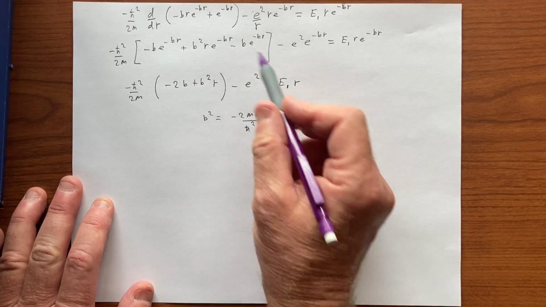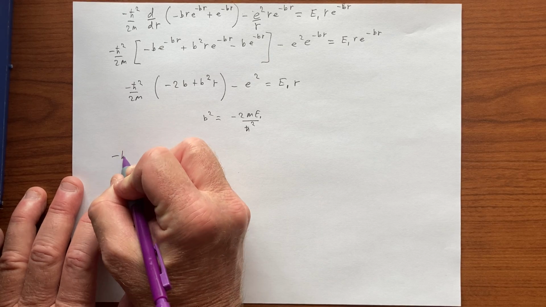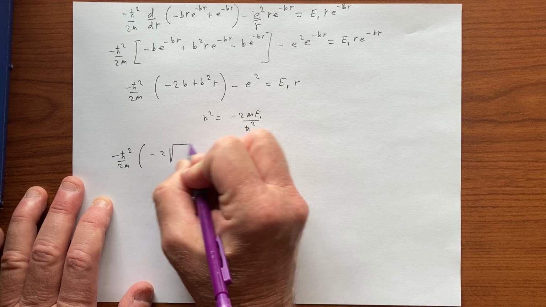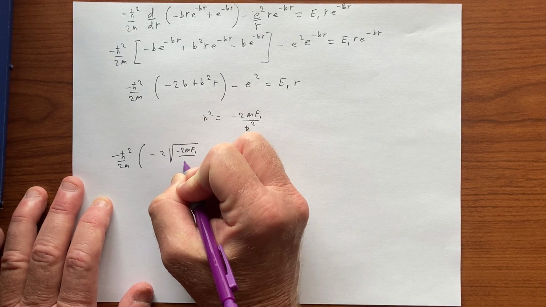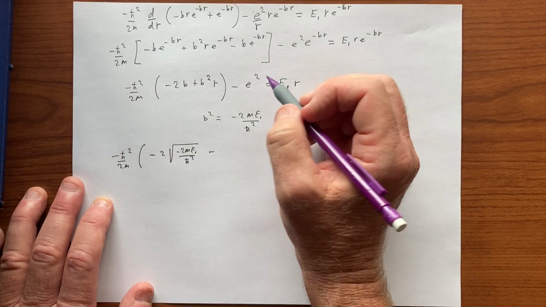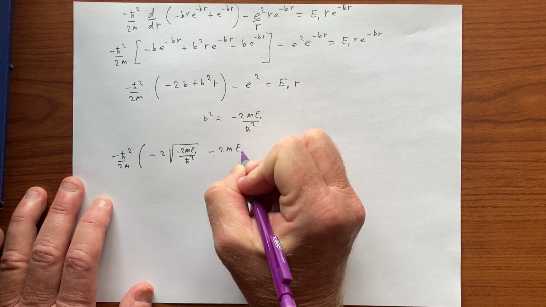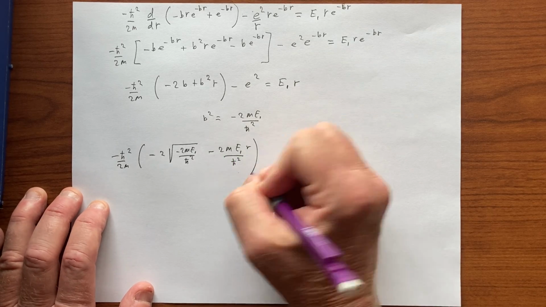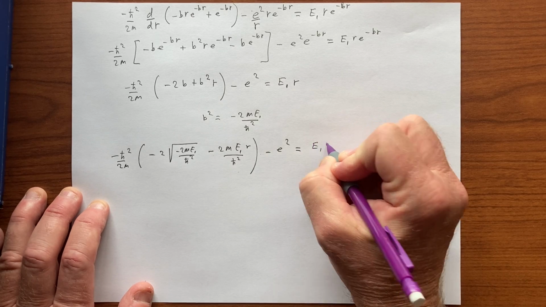This is an equation for E1, so we can find the value of E1. We get minus h bar squared over 2m times minus 2m E1 over h bar squared, minus 2m E1 r over h bar squared, minus e squared equals E1 r.